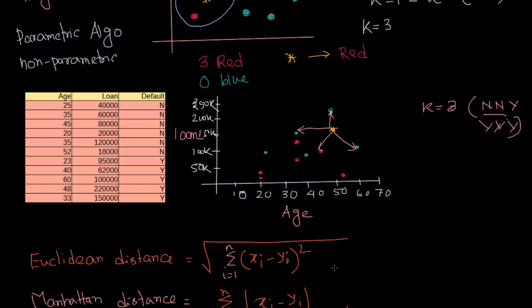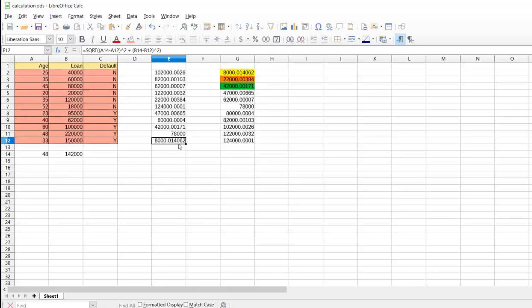If I point it out over here, in this color, we have this point, the nearest point, which is 8,000. The second point is 22k, that means 35, 120k.